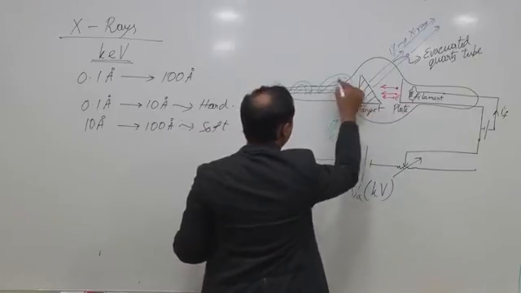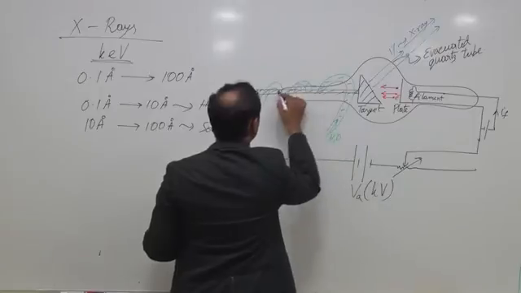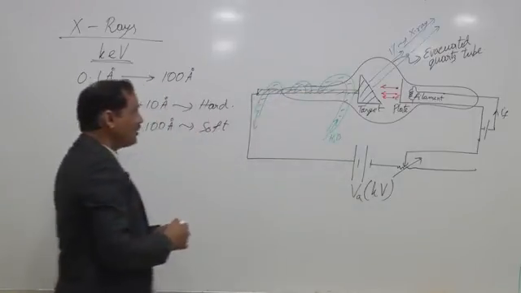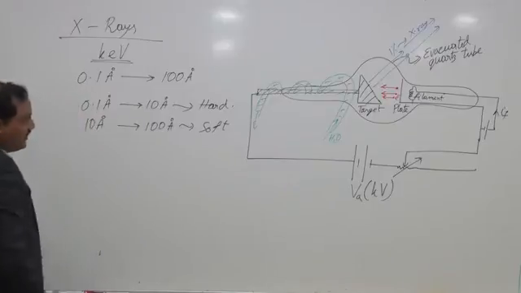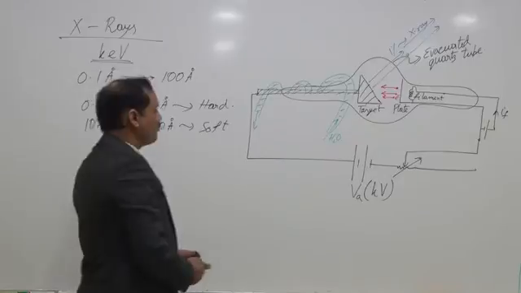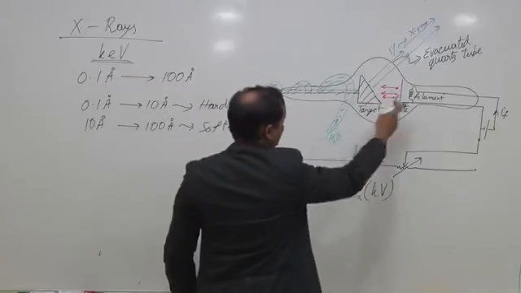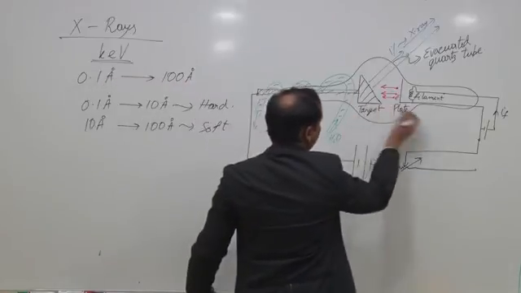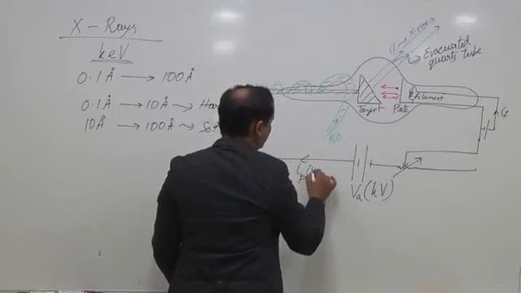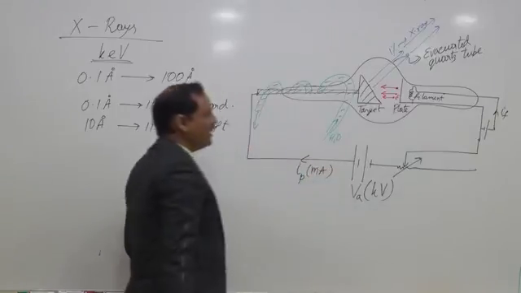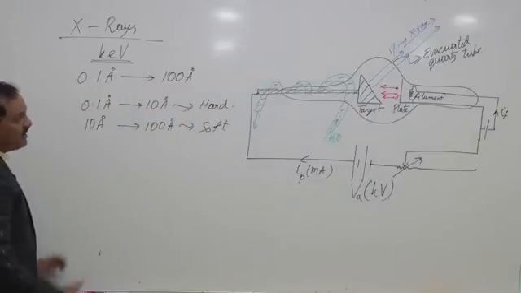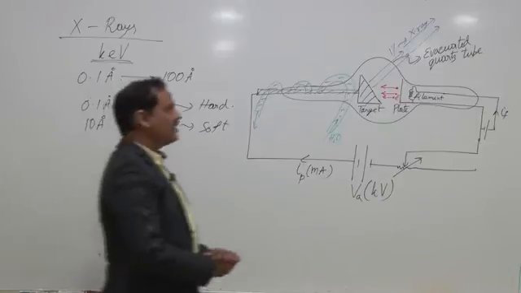As I said, 99% is converted to heat, only about 1% of energy is converted to X-rays. Due to the flow of electrons between plate and target, there is a current called plate current IP. It is of the order of milliampere. This is how X-ray is generated in the Coolidge tube.